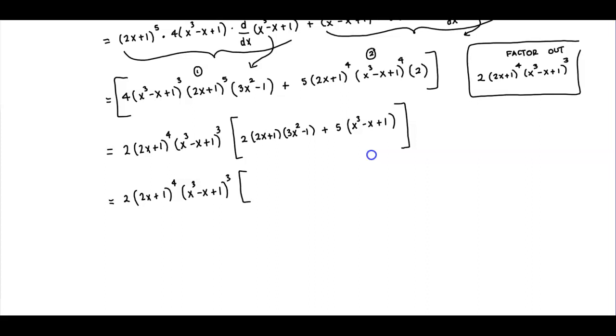If we multiply this together, we have 2 times, well, 2x times 3x squared is 6x cubed, and then we have minus 2x, plus 3x squared minus 1, plus 5 times (x cubed - x + 1). Now let's go ahead and distribute that.